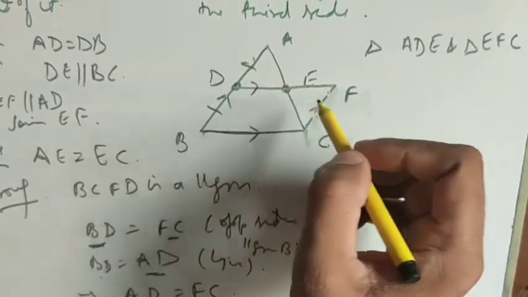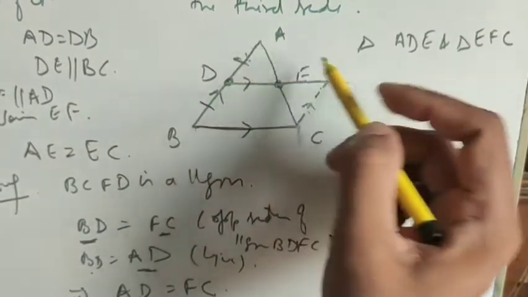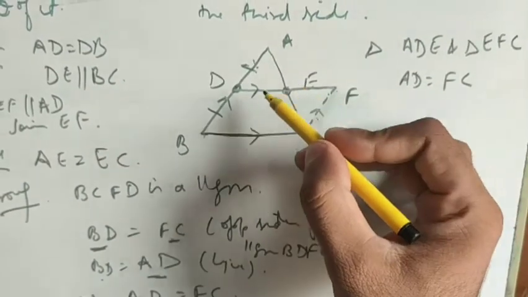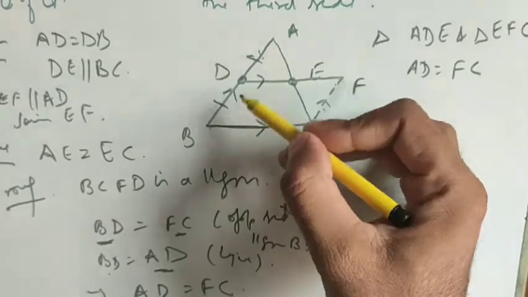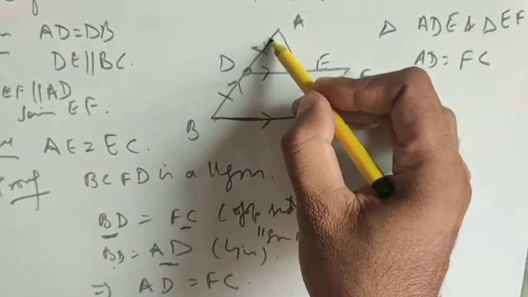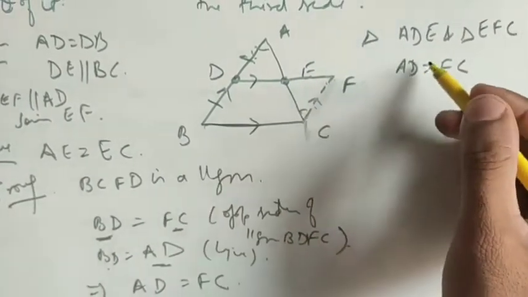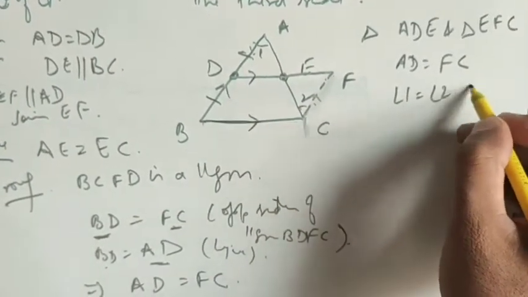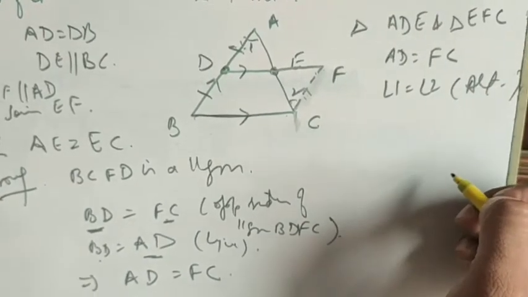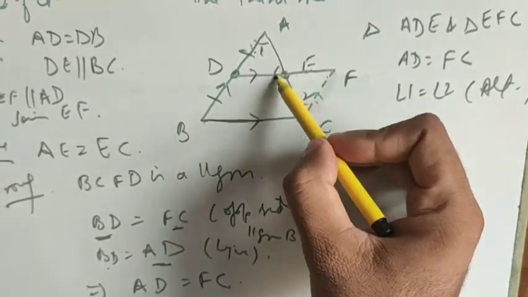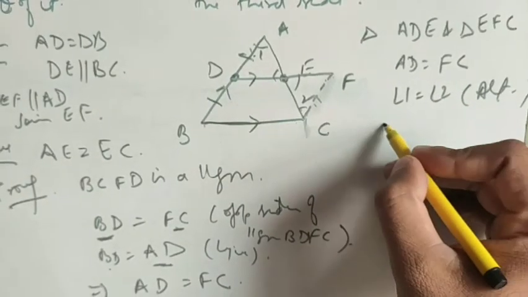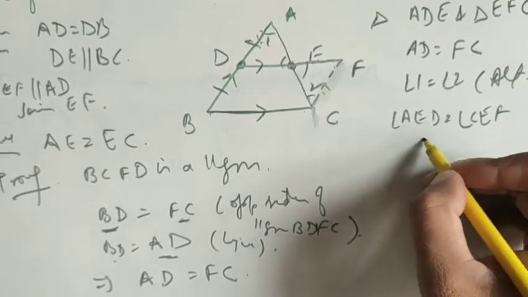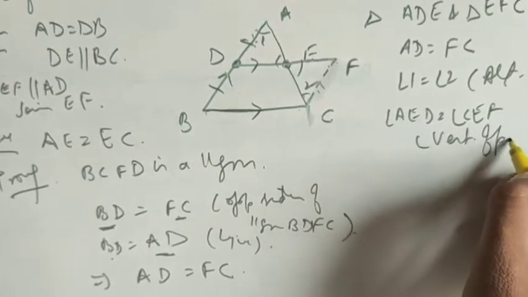Now we can prove that these two triangles are congruent. Why are they congruent? Because AD is equal to FC, first thing. Second thing is these two lines are parallel, this one and this one, so this angle and this angle will be equal. Suppose this is angle 1 and this is angle 2. So angle 1 is equal to angle 2, because they are alternate angles. And the third thing is these two are vertically opposite: angle AED is equal to angle CEF because these are vertically opposite angles.